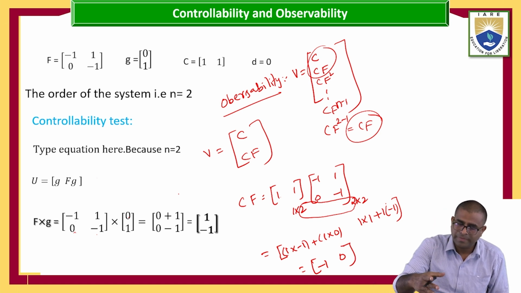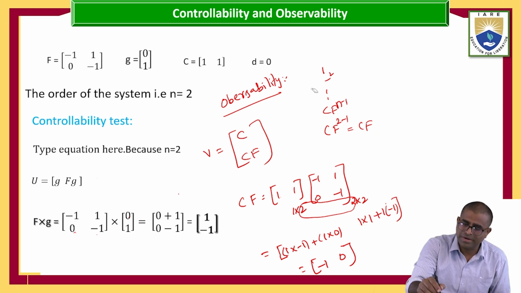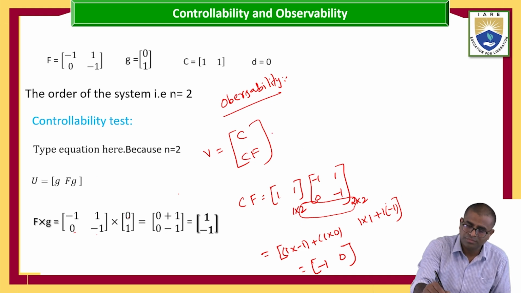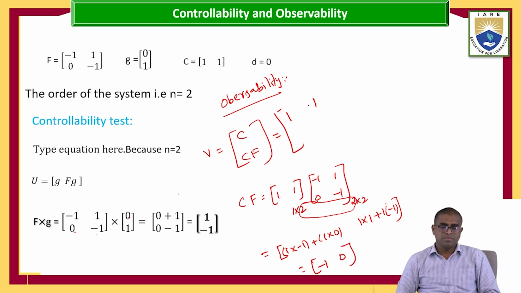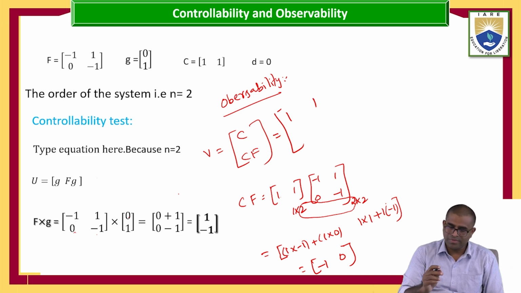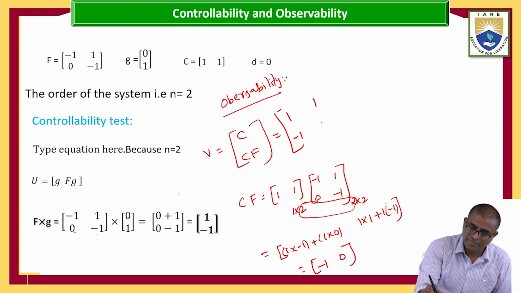So V equals, this is the formula now: what is the C value? 1, 1. Next, the CF value: minus 1, 0.